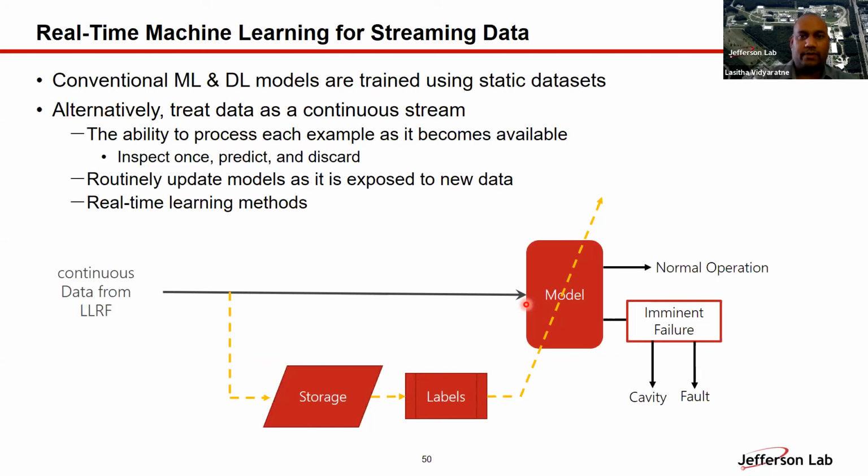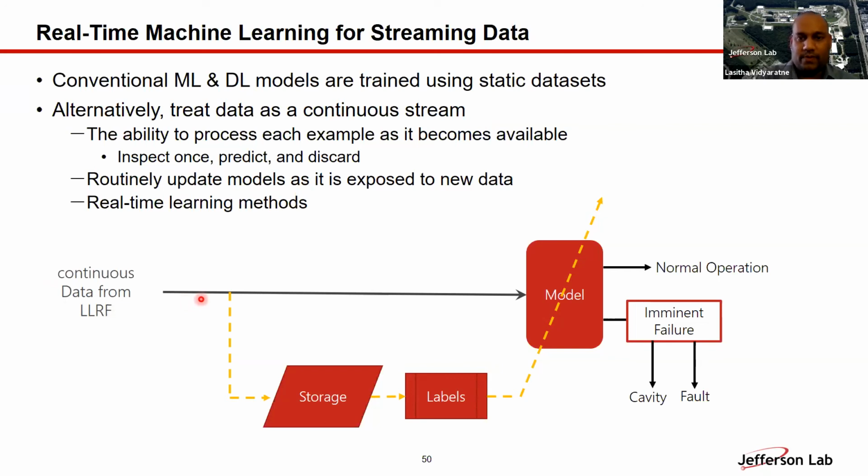And hopefully we could do some research on real-time learning methods, which is a rapidly expanding field within deep learning itself. So for that, we have this preliminary plan set up with continuous data coming from a low-level RF system that we are designing right now that should become operational in a few months.